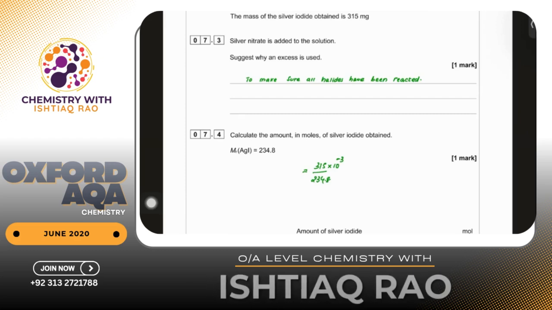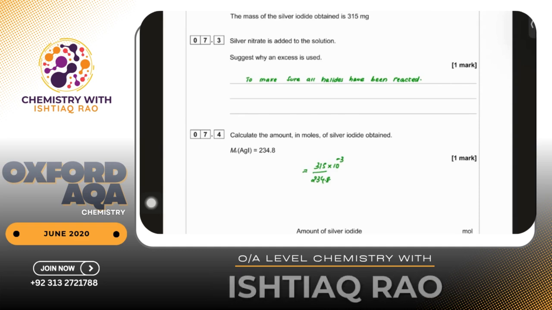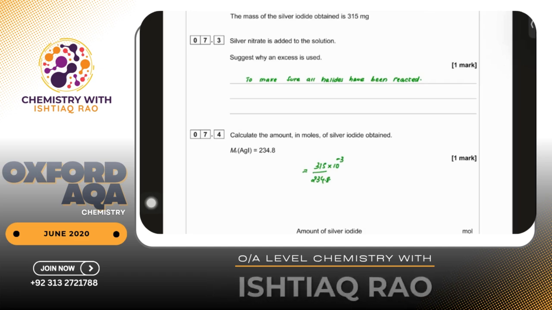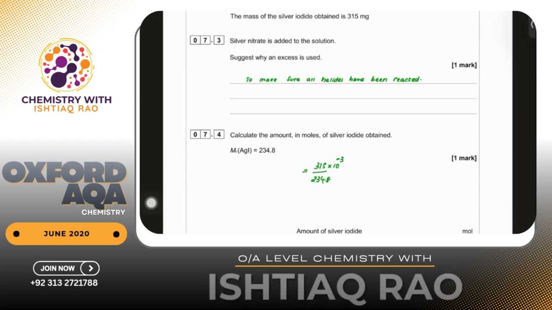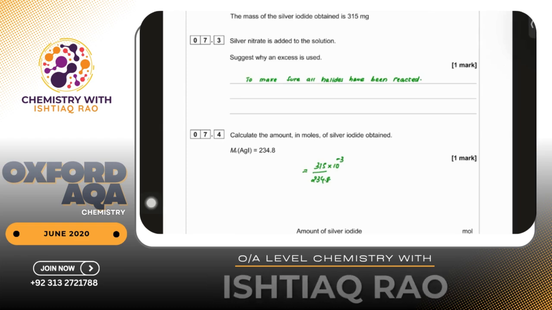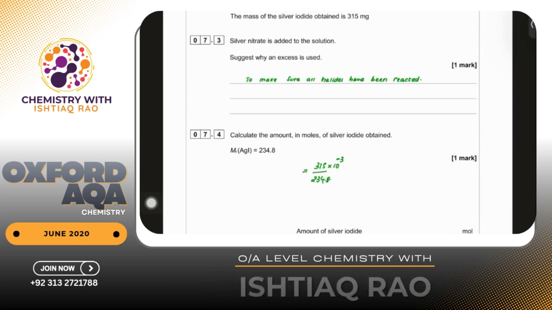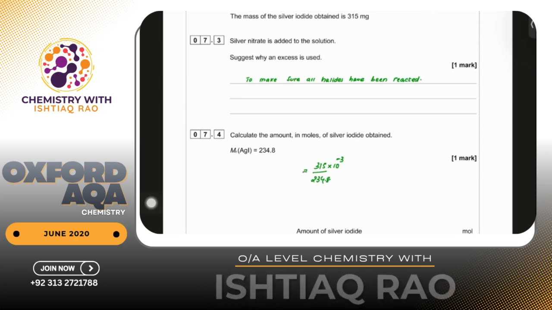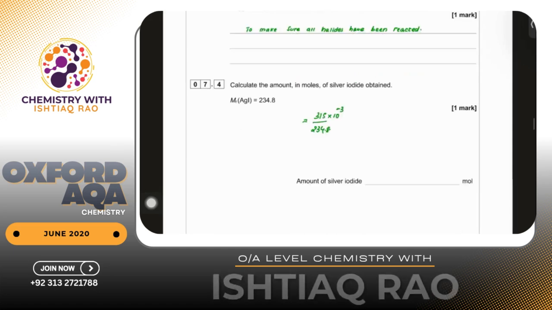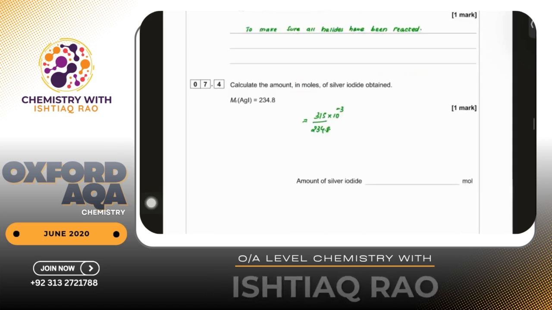That gives 1.3 times 10 to the power negative 3. Okay.